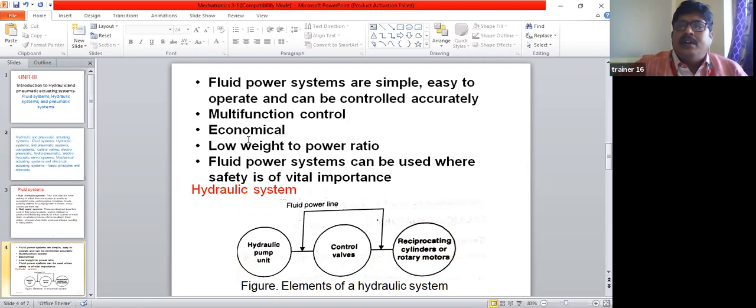Economical means the cost is not more than that of the mechanisms we designed earlier. And a low weight to power ratio. That means fluid power systems can be used where safety is of vital importance.